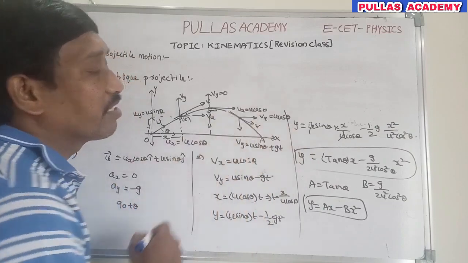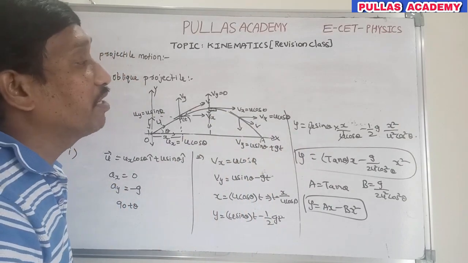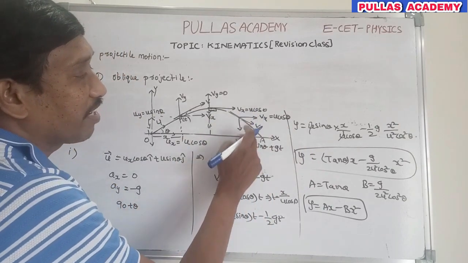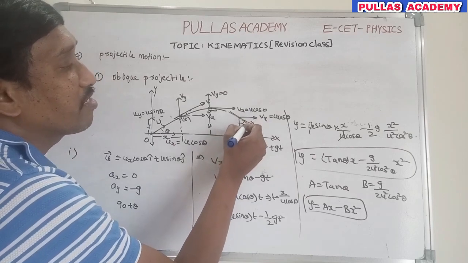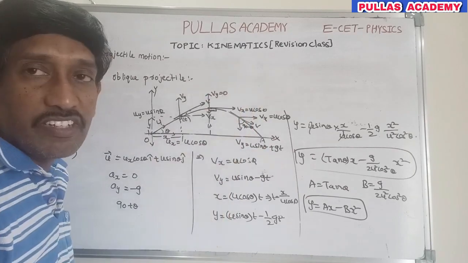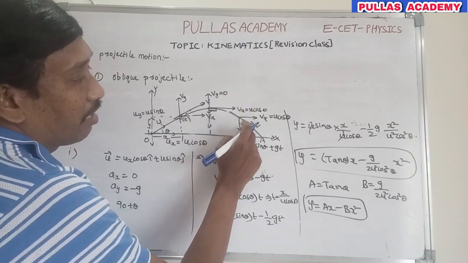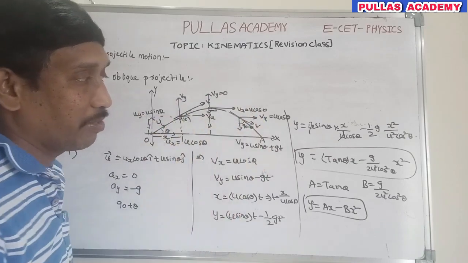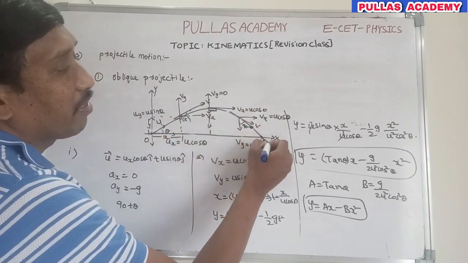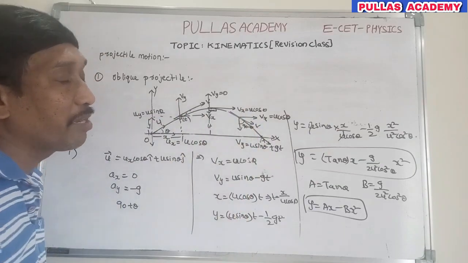That is the difference between these two. This is velocity, this is acceleration, and 90 minus theta is the angle between velocity and acceleration. The striking point is also the same, same to same.